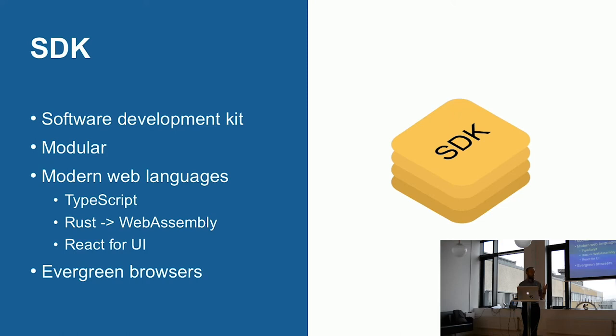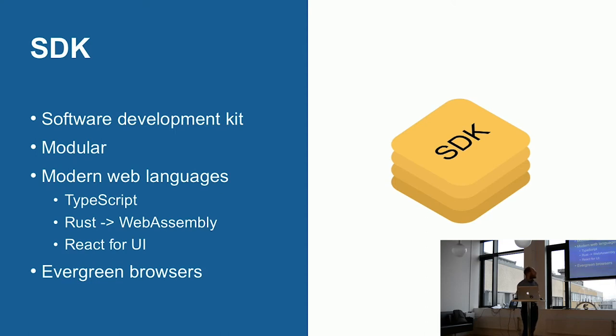But if you want to have a 3D configurator, you can import the 3D viewer into your project. And if you want to have an option picker, you can use the option picker that we provide. And if you want a complete solution, you can just drop it in, and then boom, there's a 3D configurator with everything on your website.